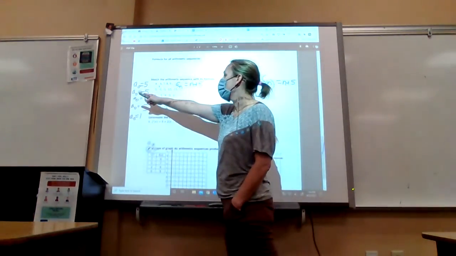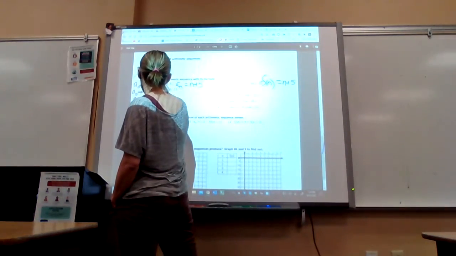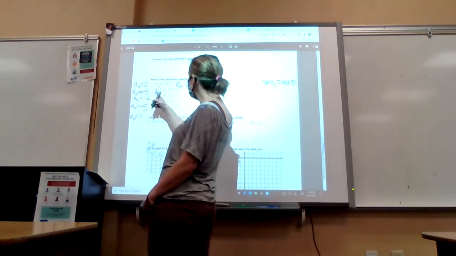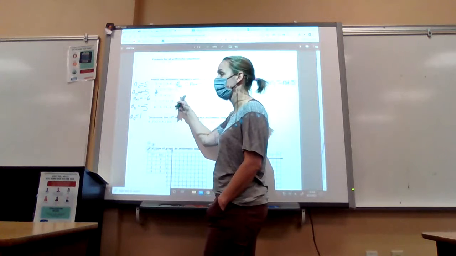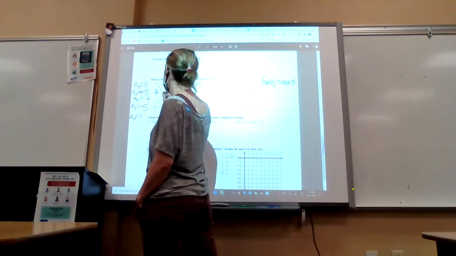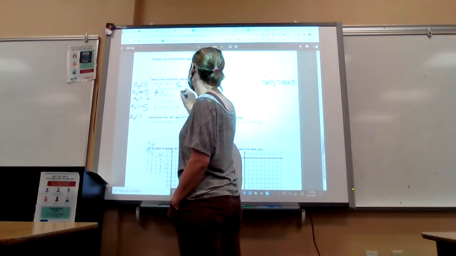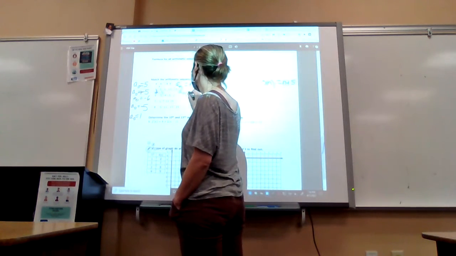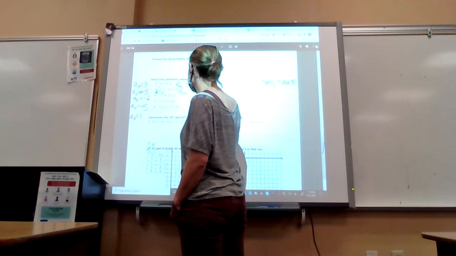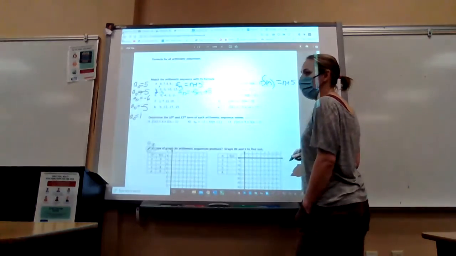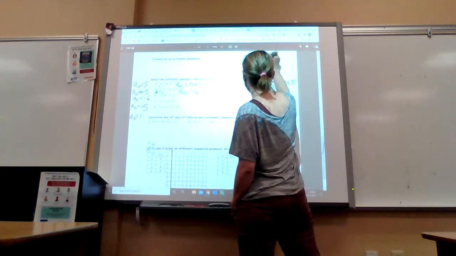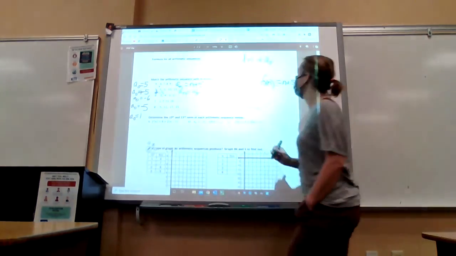Number 2, a sub 0 is 5, and what is d? D is -5, right? So the equation is going to be a sub n equals -5n plus 5. It's going to be the common difference times n plus a sub 0.